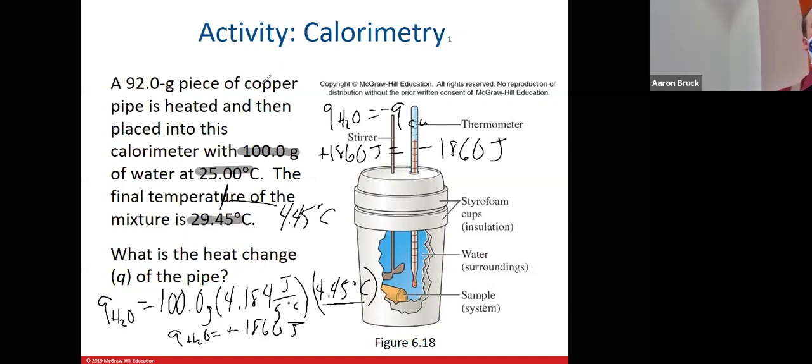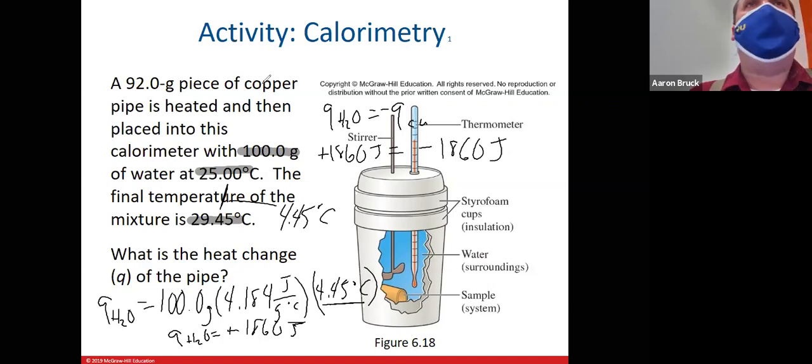Well, the water gained heat, increasing in temperature, and that energy had to come from somewhere. Where did that energy come from? It came from the hot pipe that was dropped into the water before the reaction started. So this isn't actually a chemical change, this is a physical one. But we can monitor how much heat was transferred in that way. And that's really what calorimetry is for.